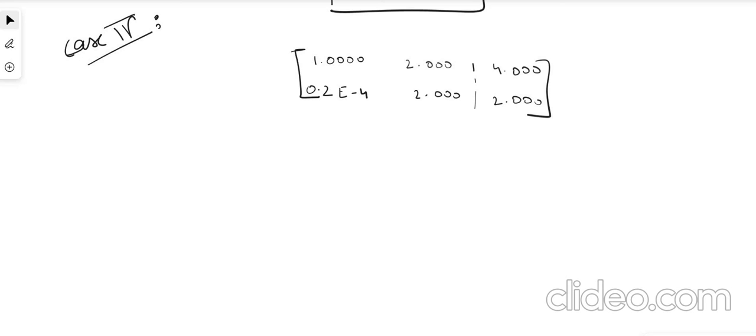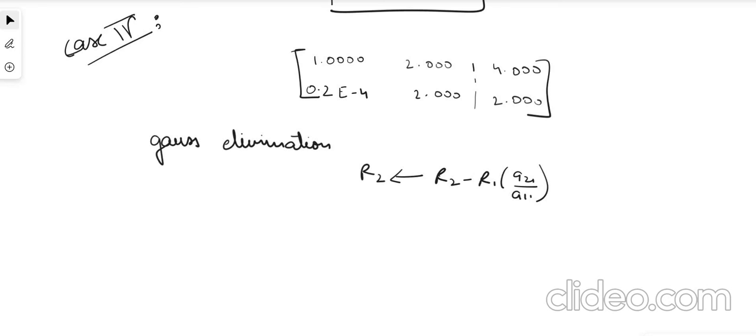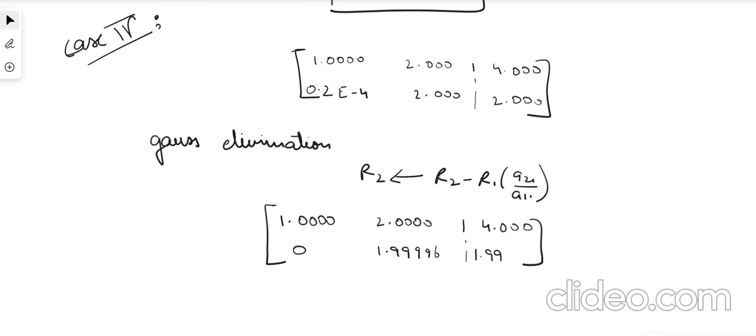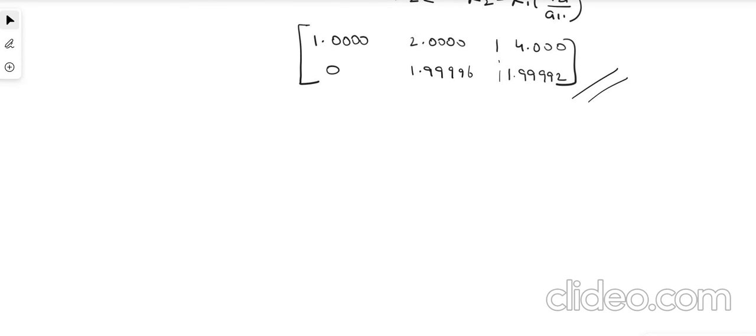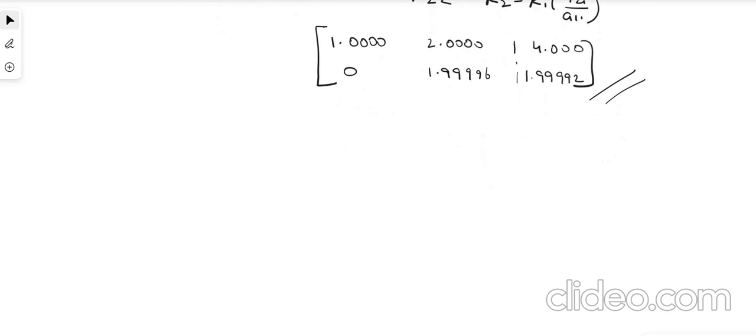Again by Gauss elimination, following the operation R2 minus R1 into A21 upon A11, the diagonal matrix is formed after performing the elimination on the rows.